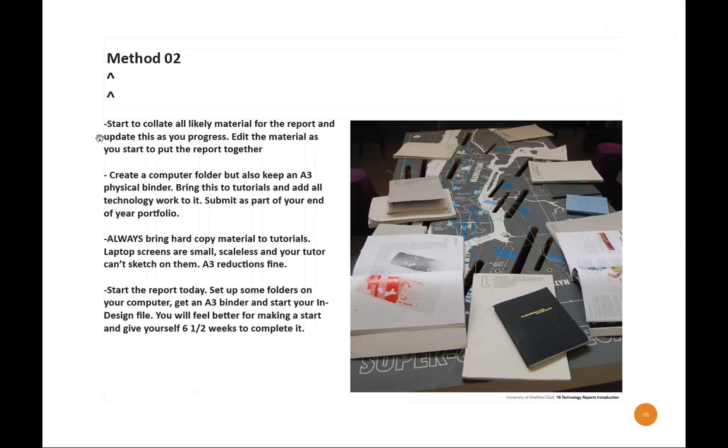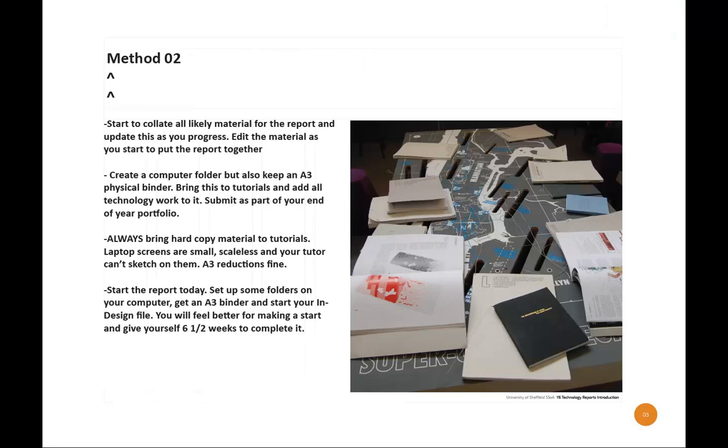What I'm saying there is don't leave it to the end. Set up a folder on your computer now for the technology report and start putting things in it. Create a computer folder, but also keep an A3 physical binder. Bring this to tutorials and add to your technology report. I really recommend this.